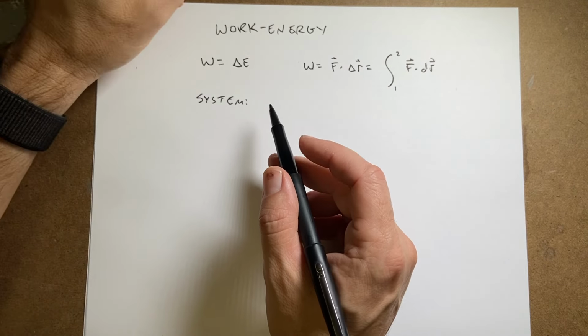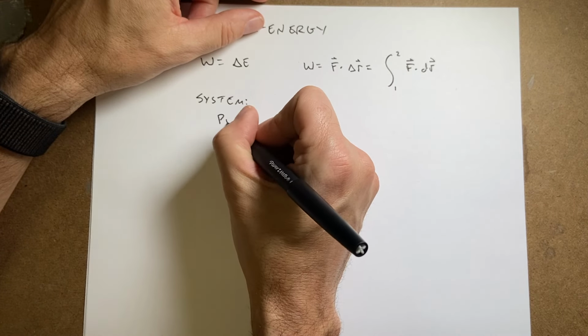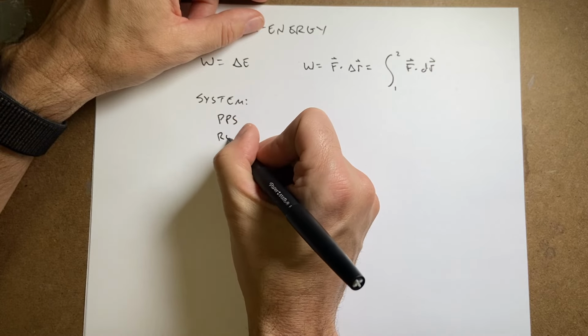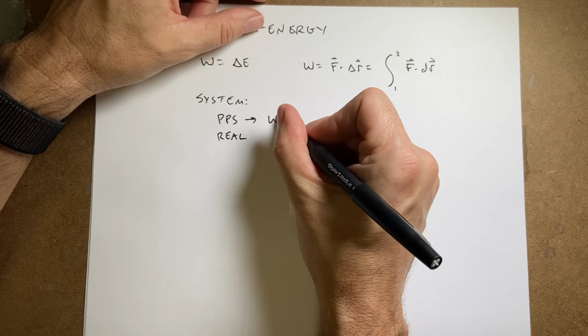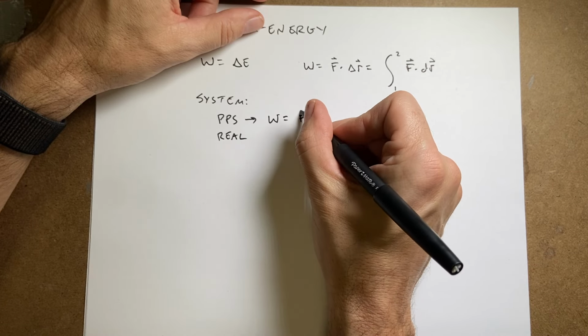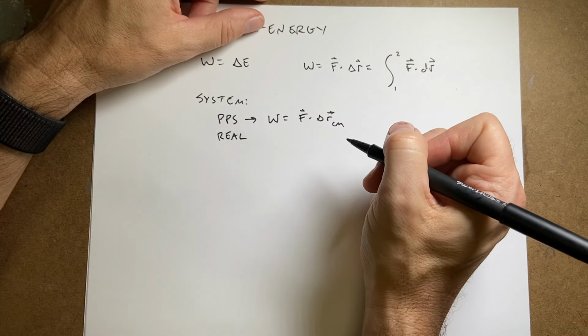And let me just go ahead and jump into the big thing here. We have two kinds. We have the point particle system, and then we have the real system. So in a point particle system, work is equal to F dot delta R center of mass. And I'm going to show you an example in just a little bit.